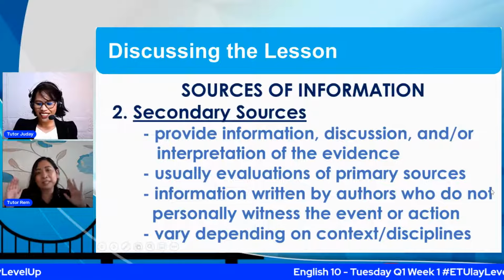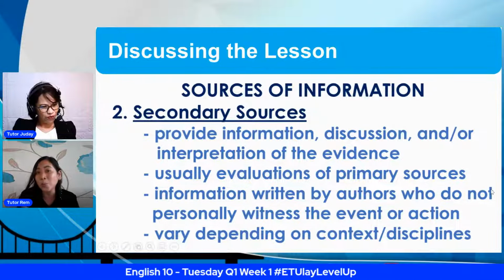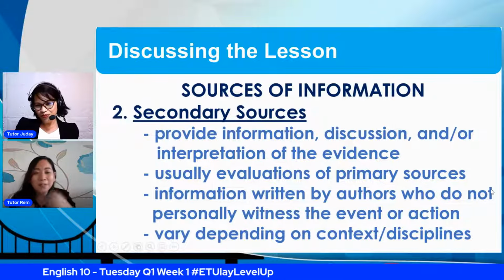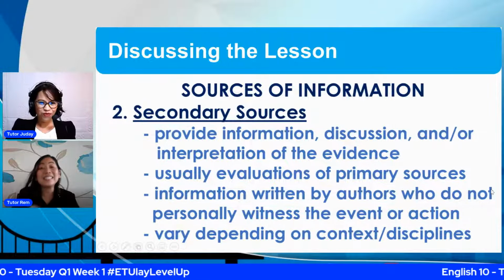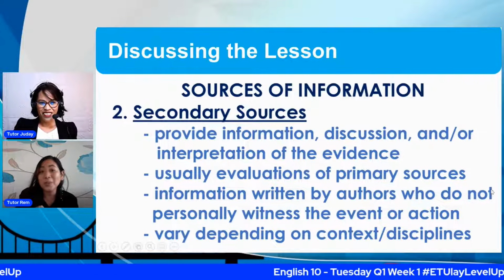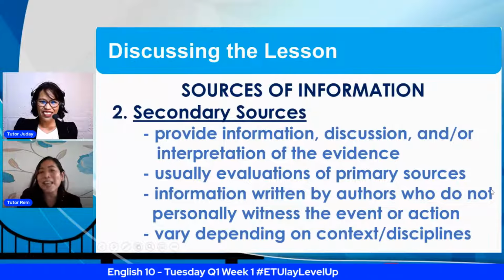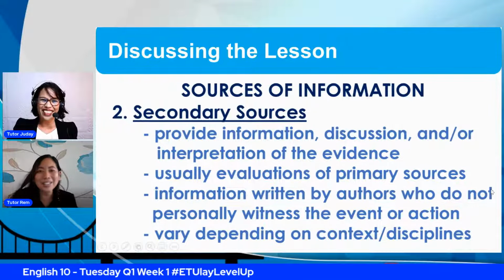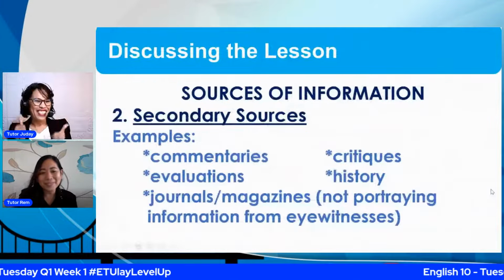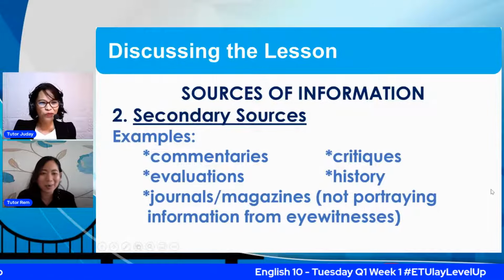Just by the name of itself, we can easily identify which is which. Primary, first-hand information. Secondary, this is information that you and I will get from the primary source, the first-hand source.